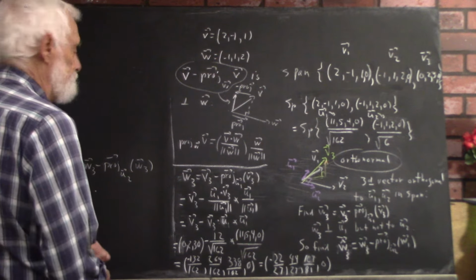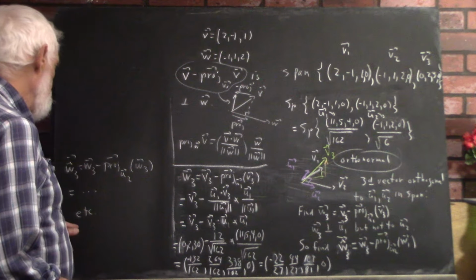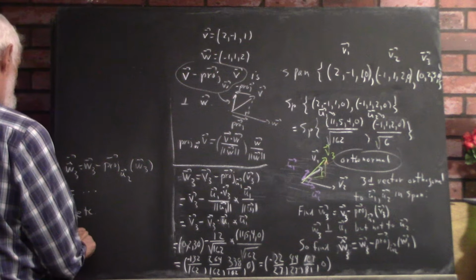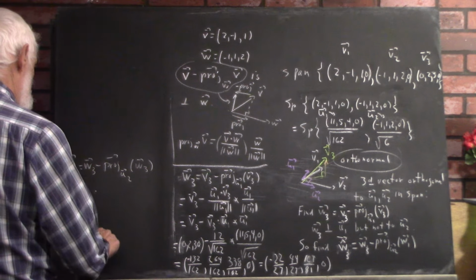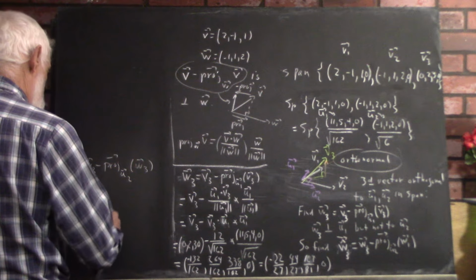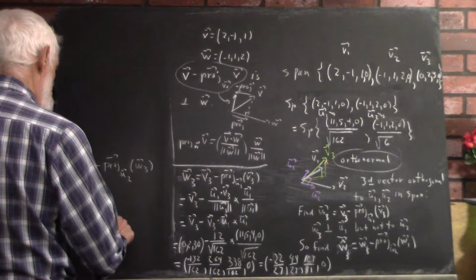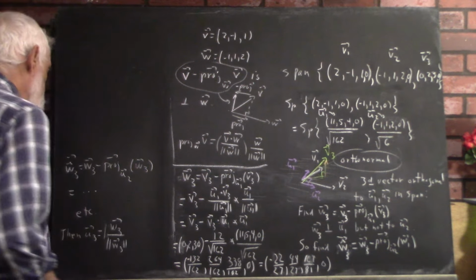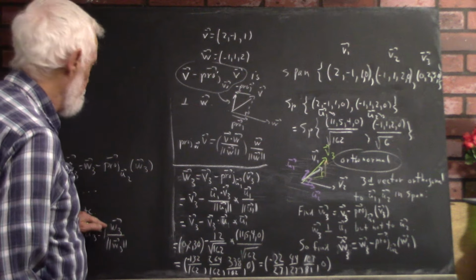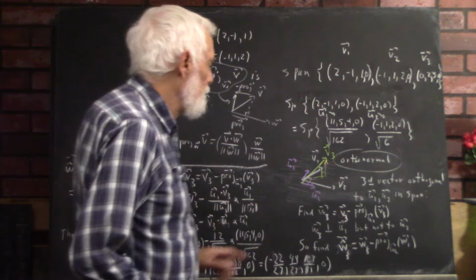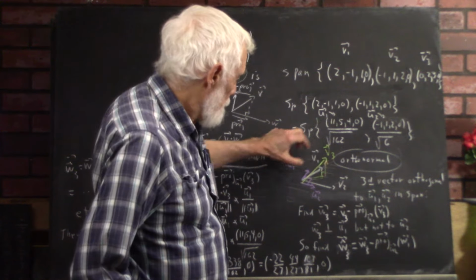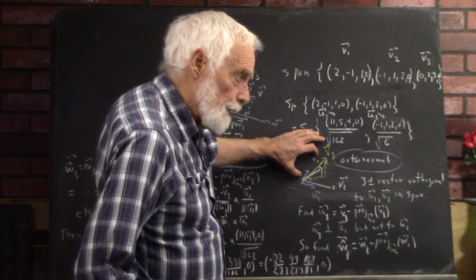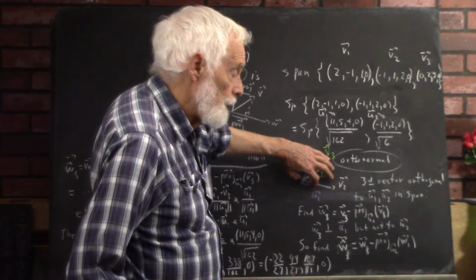I'm just going to say that what you will have done then is you'll have a vector here that has subtracted off the components of this V3 in the direction of U1, and then subtracted off the components of that vector in the direction of U2.